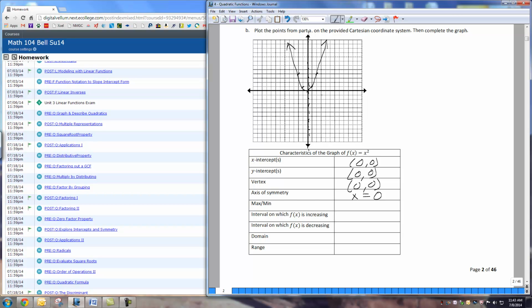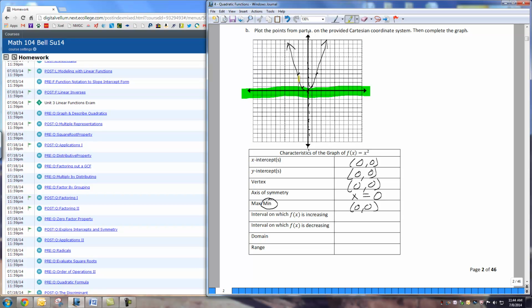In this case, since our graph opens up, we have a minimum value of 0, which occurs at the vertex 0, 0. So this max or min will always be the vertex. You have to just determine if it's a maximum or a minimum value. Now let's look at the domain. The domain is all x values that are assumed by this graph. Notice it's all real numbers.